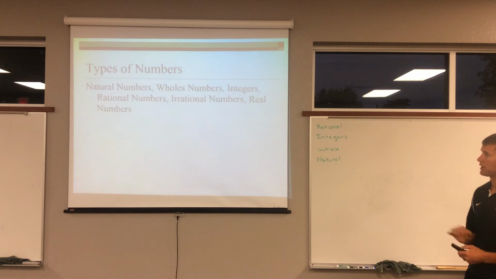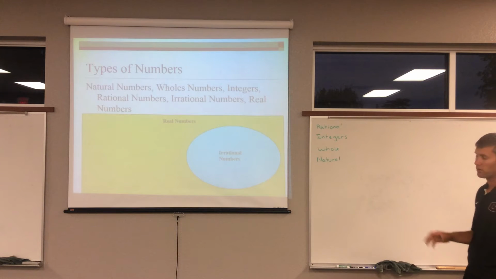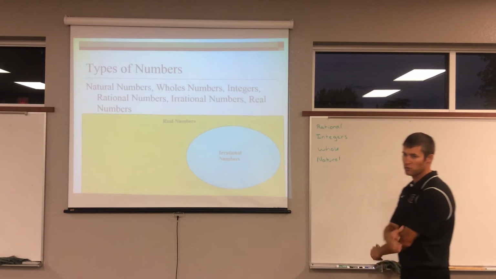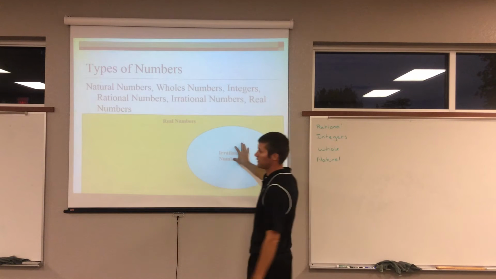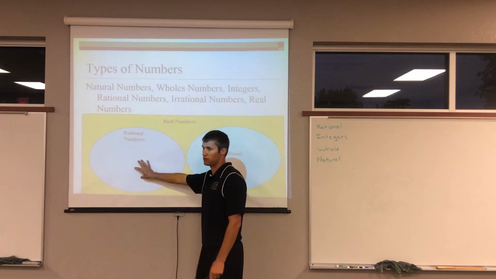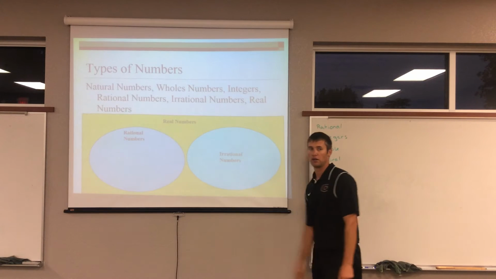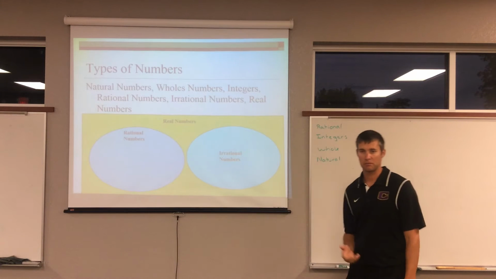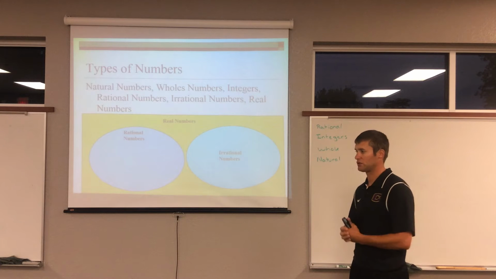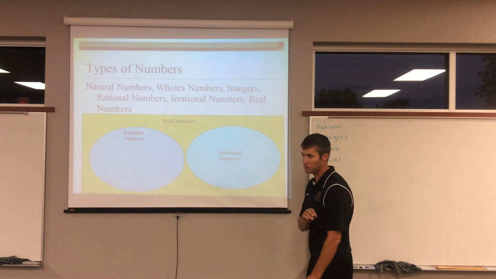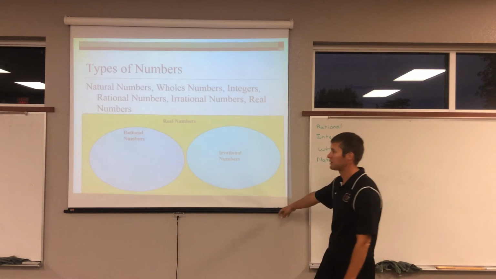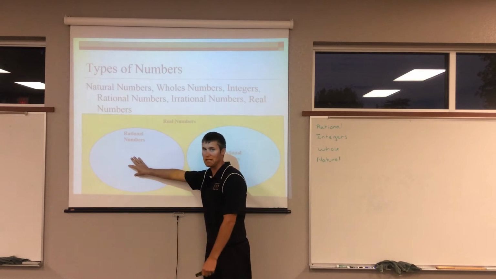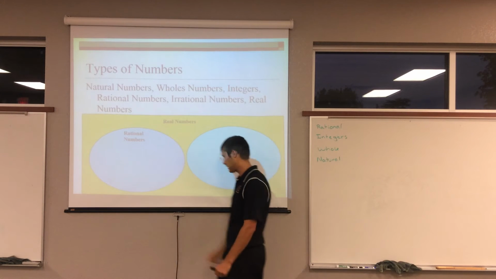So this is how we break it down. Real numbers are every number that you've worked with. We break it down into irrational numbers and rational numbers. Irrational numbers are numbers that do not repeat themselves, such as pi, or the square root of a number. Their decimal goes on forever and never repeats itself. A rational number is any number that can be put as a fraction.